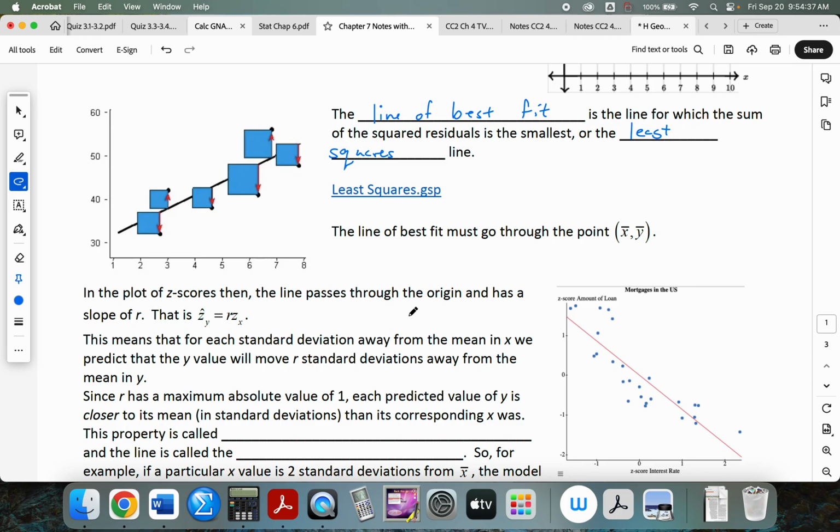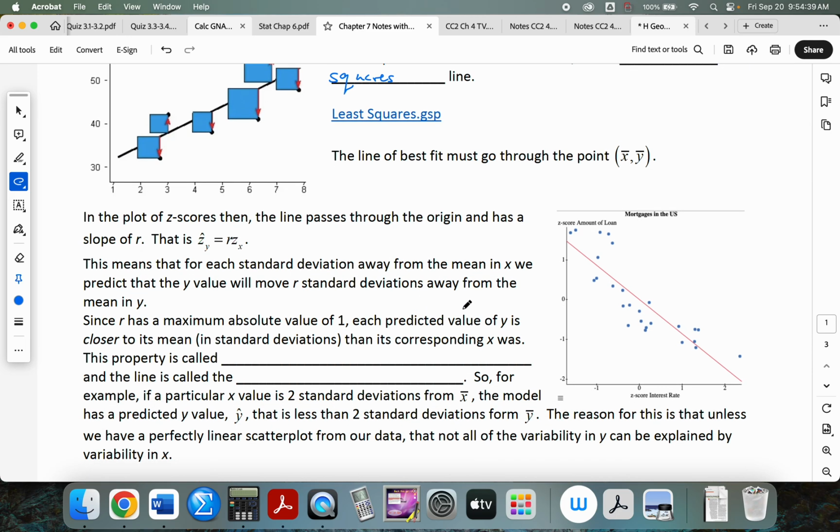So the interesting part of this is that it means for each standard deviation away from the mean in x, we predict that the y value will move r standard deviations away from the mean in y. So if you're one standard deviation away in x, then you would take your r value, multiply that times 1 because you're one standard deviation away, and that's how far we think the y value will be away from the average y.